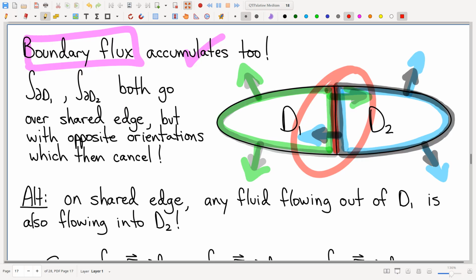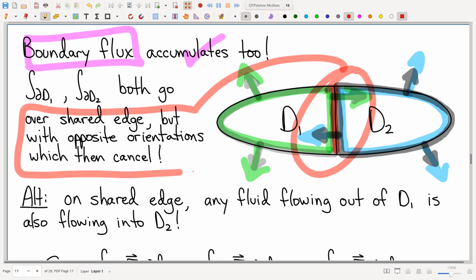So we have concerns about that, and notice, by the way, the very strong similarity of what I'm about to say to a very analogous statement we made concerning Green's theorem. This edge appears twice, once as part of the boundary of D1, once as part of the boundary of D2. It appears with opposite orientations, and so those are negatives of each other, and so they cancel.